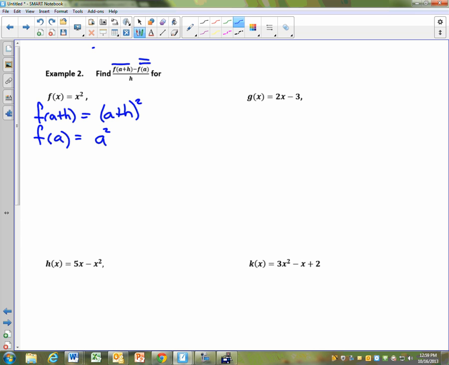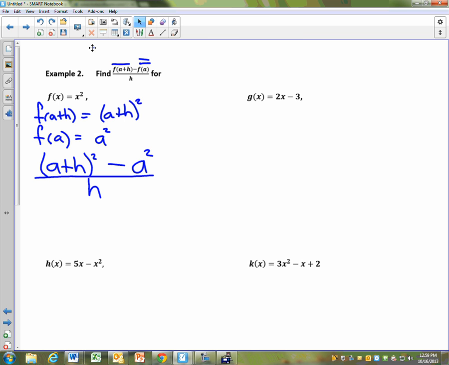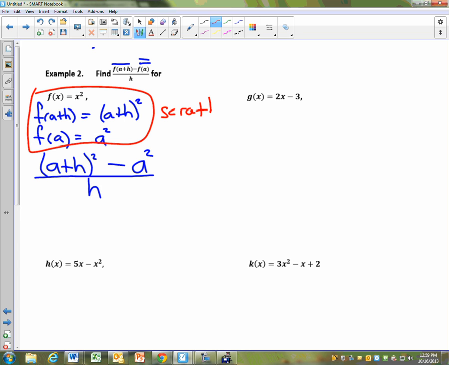So now what I'm going to do is I want to evaluate this equation. This equation says take the top one minus the bottom one and divide by H. You see that? So I'm going to take the top one, A plus H, I'll square it, as it says. I'll minus the bottom one, A squared, and I divide by H. The stuff in red, that's just my scratch work so I can set the problem up correctly.